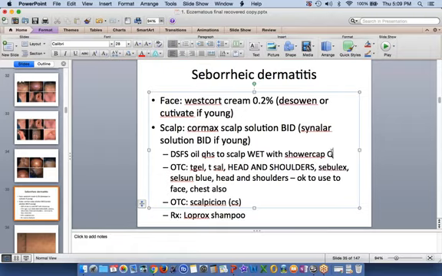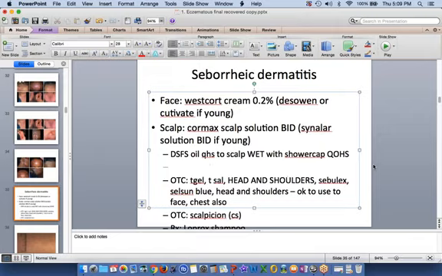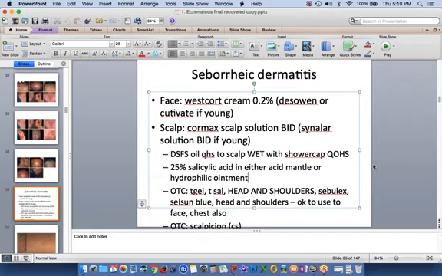If for any reason the scale is really thick, okay, and you will know when you see them, then what you should do is add 25% salicylic acid, this is a teenager to adult, in either acid menthol cream, which is sometimes not found, or hydrophilic ointment.